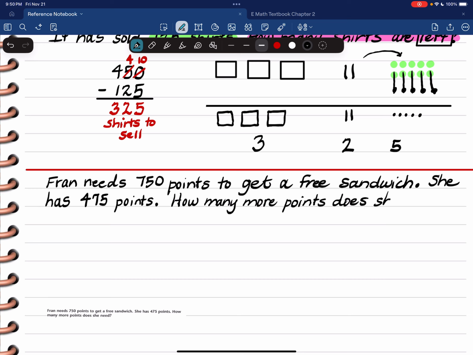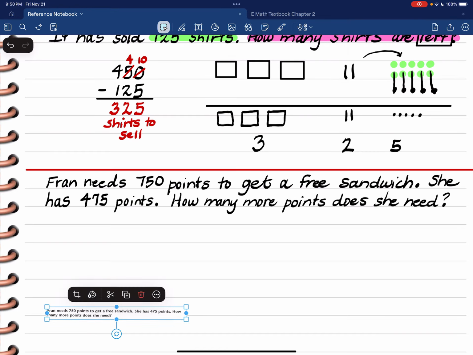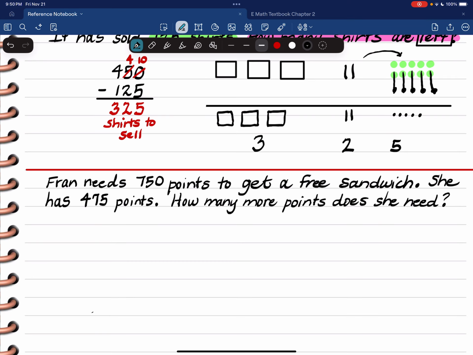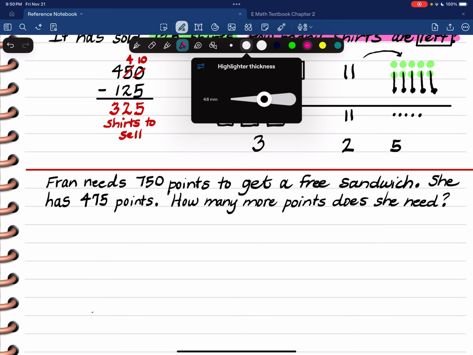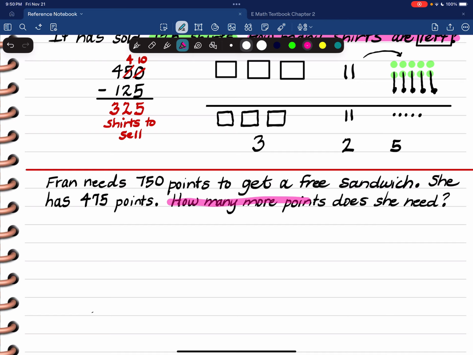So in your notes, if you have a highlighter, I want you to highlight the question. That is a very good habit to get into. You can't do it on a test, but as you're learning, it will help you if you highlight your question. Trust me, just go ahead and highlight the question.